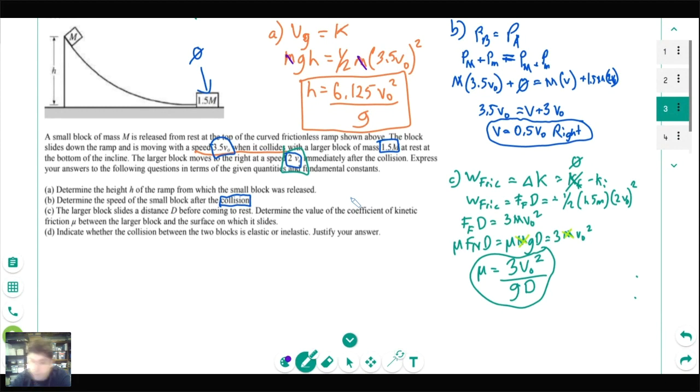And then that was that part. Finally, on this question, we are asked to indicate whether this collision is elastic or inelastic and justify our answer. All right, so for this, this is the vocab stuff we should know.